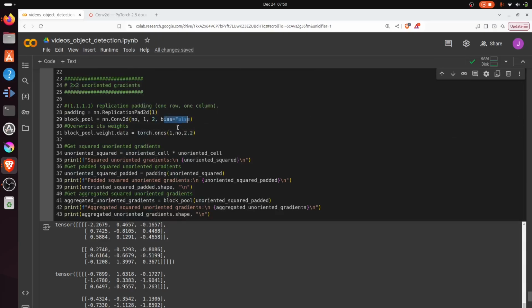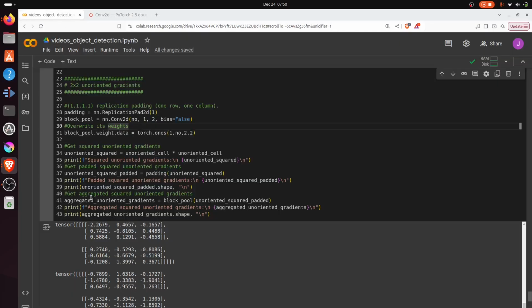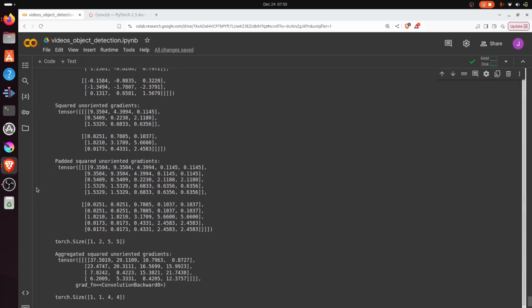Also the bias is set to false, but there's nothing else set. So this implied that essentially we would be using a stride equal to 1, because remember, if we go to the PyTorch documentation, if we don't specify the stride, by default it's going to be 1. So that is the key here. We are using a stride of 1, and remember, we just set a block of 2 by 2. So this implies that what we are doing here is the following.